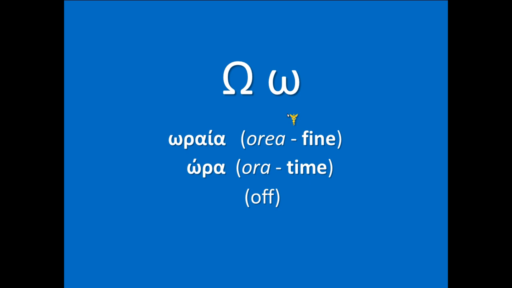And of course, omega is pronounced O, such as off. We write the letter omega like this. Maybe it is the most difficult letter of the Greek language to be able to write it. We write it like this.